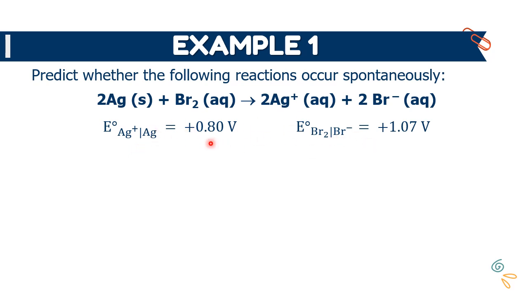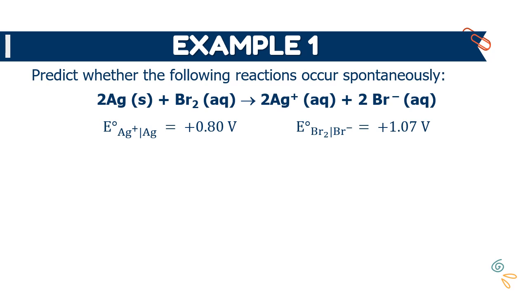The value given over here, the E naught half cell, is just for you to substitute inside the equation later. The oxidation and reduction, or the anode or cathode, is determined by the half cell over here. So what do I mean?